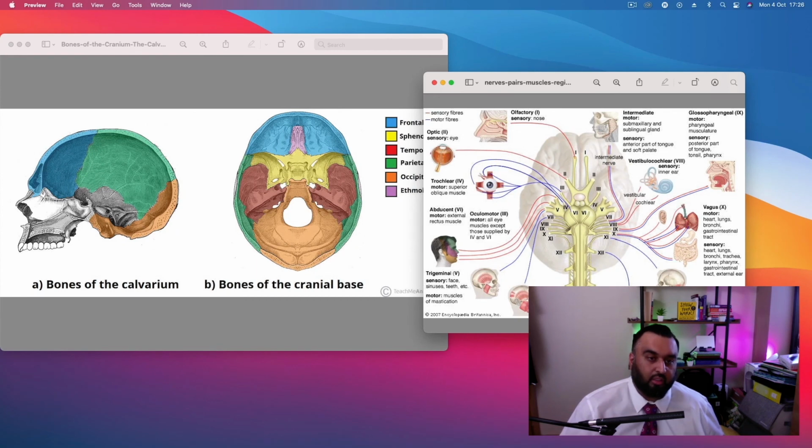You've got the intrinsic muscles: vertical, transverse, superior longitudinal, and the inferior longitudinal. And you've got the extrinsic: the genioglossus, hyoglossus, and styloglossus. Together, they work and allow the tongue to move in all various positions. And that is the cranial nerve number 12.